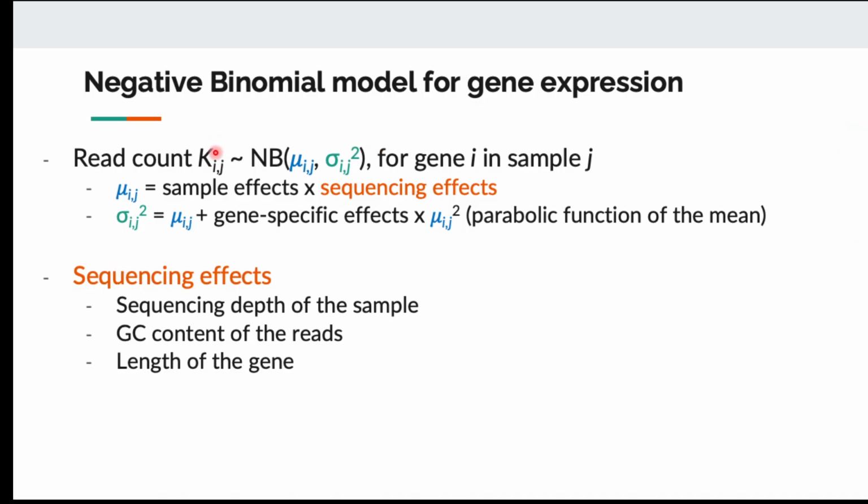So inside the model, it's going to try to estimate everything for you because you don't have the bootstrap. It's going to model the read count that you get from the alignment as a negative binomial.